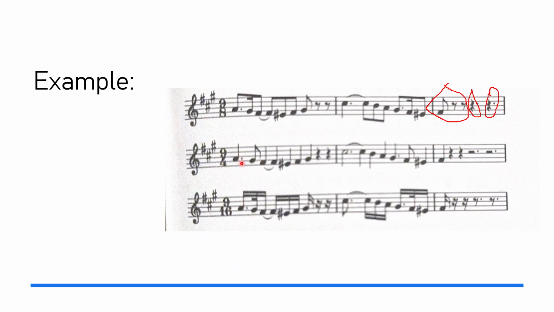And you can see that the groups are already in dotted minims, because from here to here is a group, which gives you a dotted minim, from here to here gives you another dotted minim, and from here to here gives you another dotted minim, which is similar to what we had there when you had dotted crochet here, dotted crochet here, dotted crochet here.